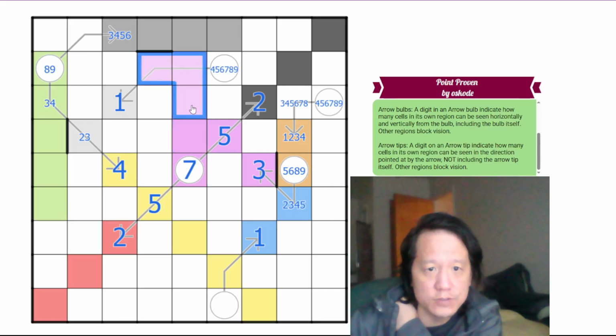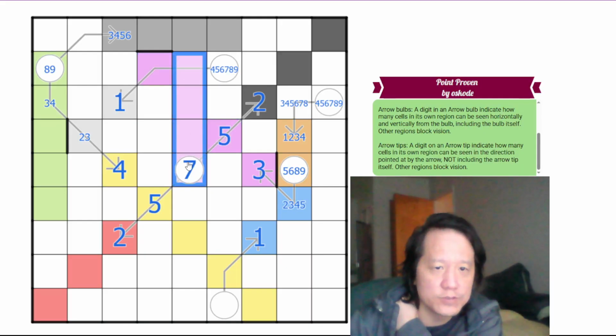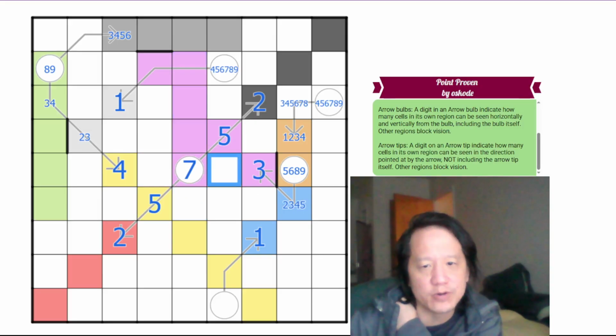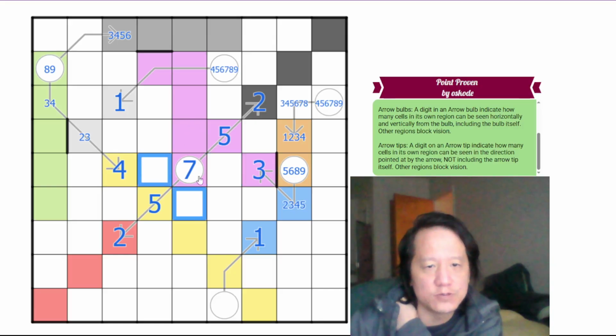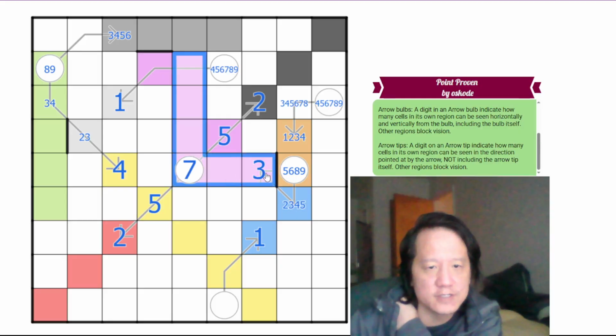So we have 1, 2, 3, 4, 5, 6. So 1, 2, 3, 4 it sees, 5, 6, and then this has to be part then. Because if it's not, that only sees 6 cells. So it has to go this way. We have 1, 2, 3, 4, 5. So this is 1, 2, 3, 4, 5, 6 cells it sees. 7, 8, and one of them has to be these two.